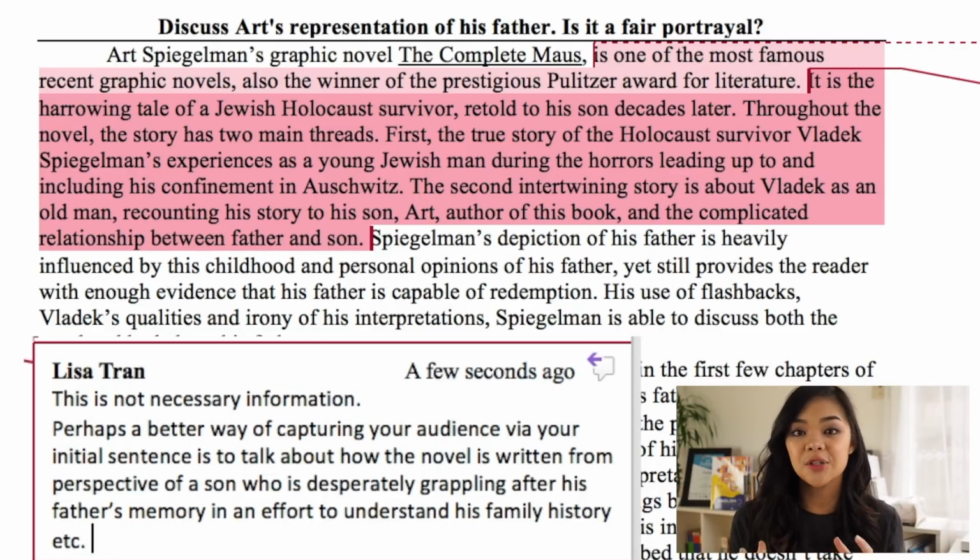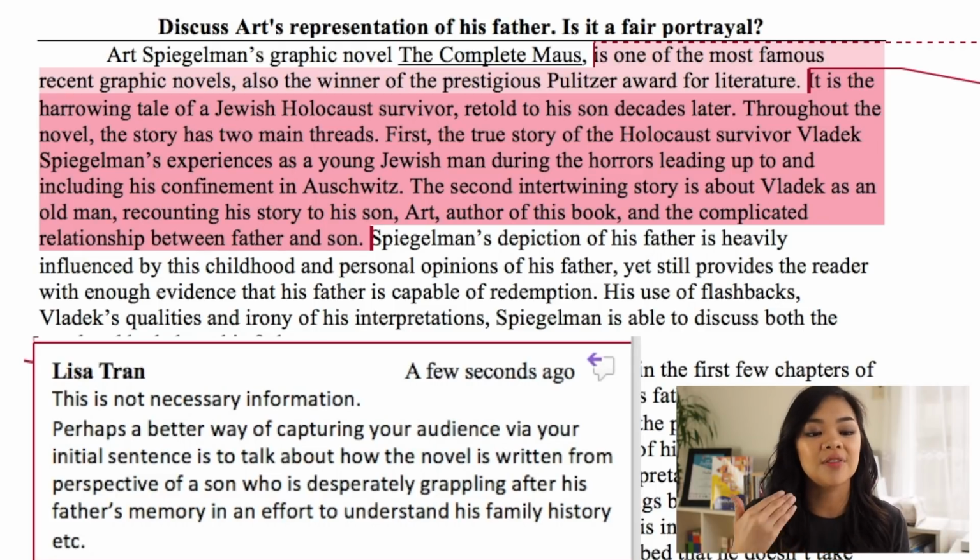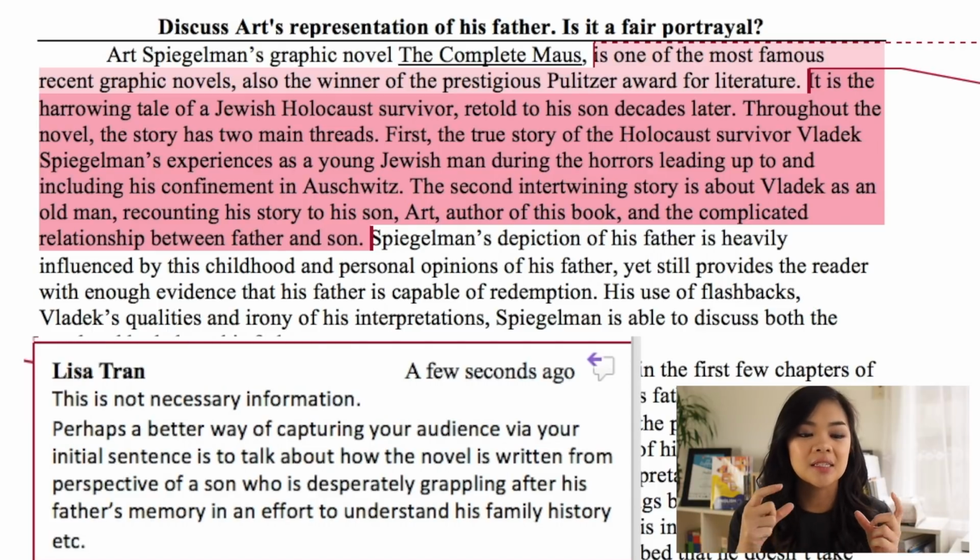So what you want to try to do in your introduction is, yes, give some sort of background about the text, but always try to make it relevant to the actual topic sentence. In this case, the student is just giving a summary of the whole book, and the way that I see it, this section that I've just commented on could probably be written for any single essay.